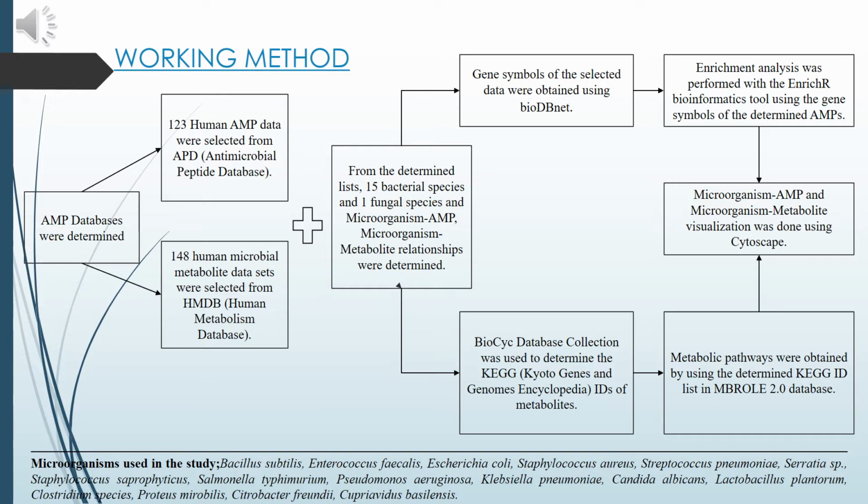The AMP gene symbols were obtained using BioDBNet, and then the enrichment analysis was done using EnrichR bioinformatics tools. The visualizations were done using Cytoscape, and we used the BioSeq database collection to obtain the KEGG IDs of metabolites, and metabolic pathways were obtained using the EMBL2 database.